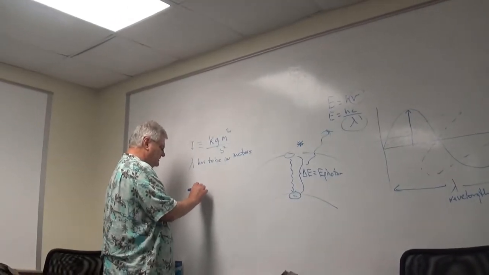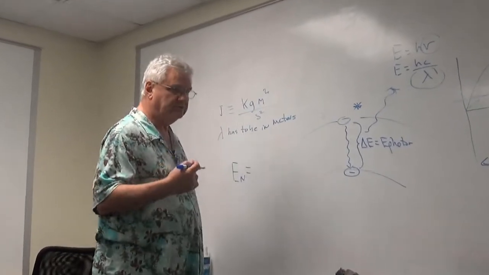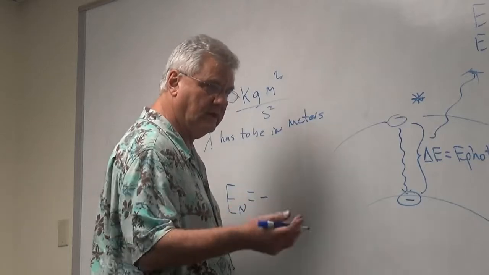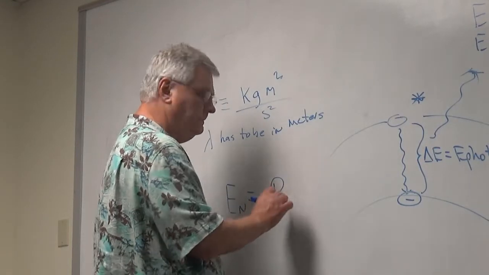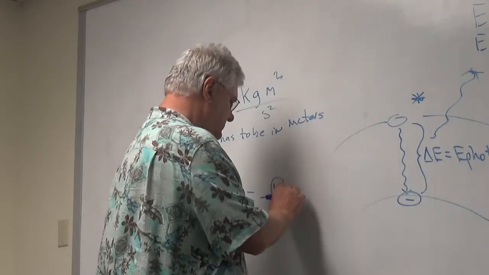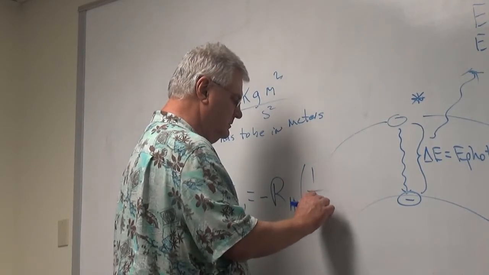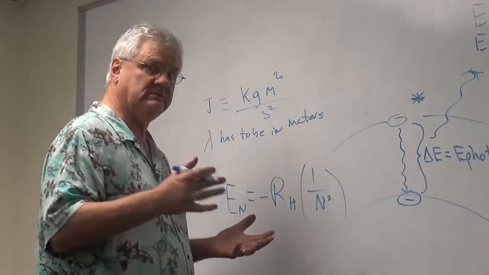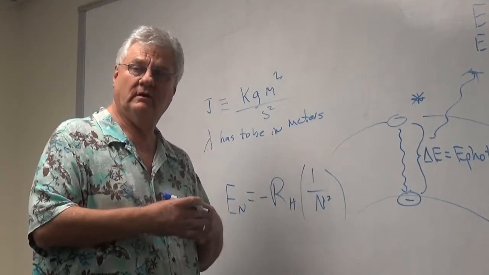The energy of an electron in any orbital in a hydrogen atom is just minus 1 times the Rydberg constant for hydrogen times 1 over the quantum number squared. And this is the first time that chemists and physicists introduced the idea of quantum numbers.